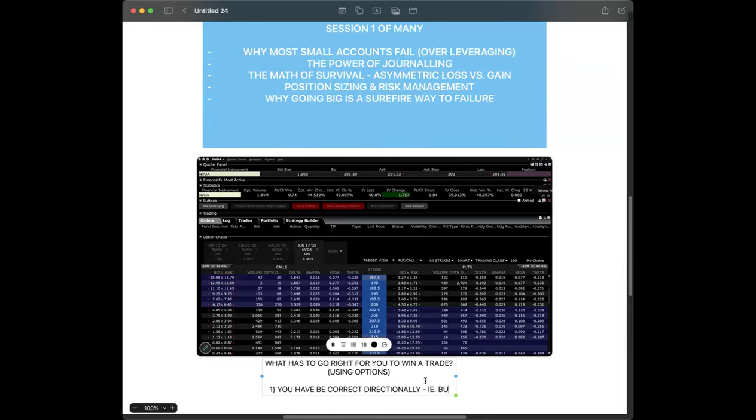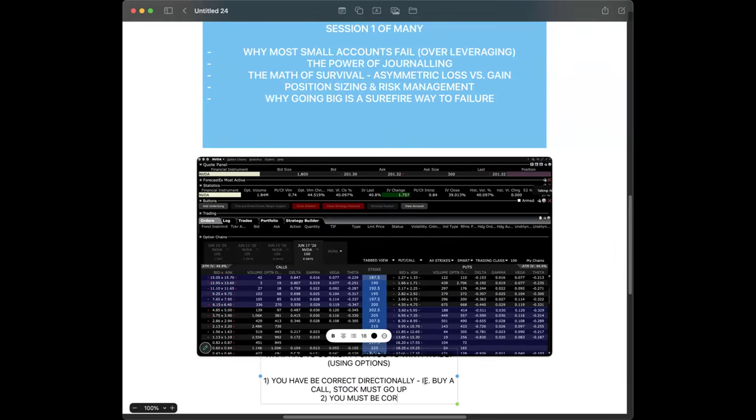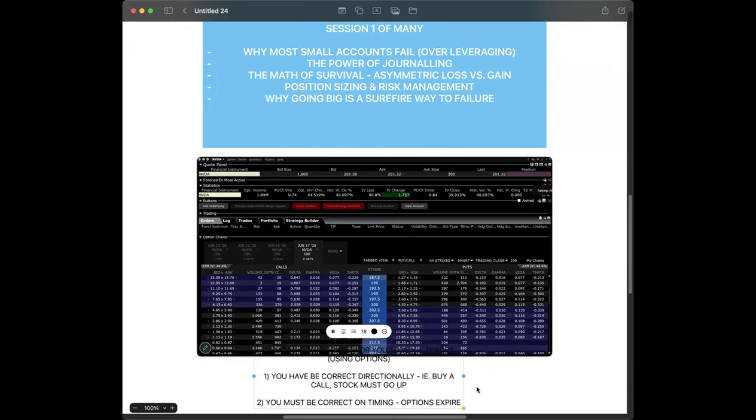I.e., buy a call, stock must go up, and vice versa, obviously. Two, you must be correct on timing, right? Options expire. So you have to be correct within the time frame of the option expiring, essentially, before it expires.